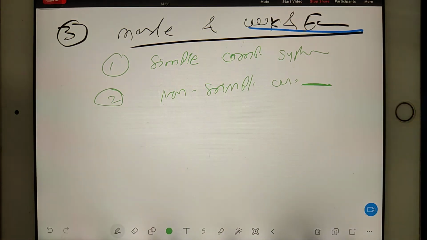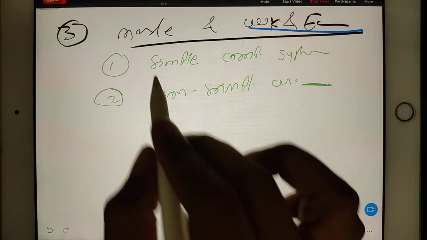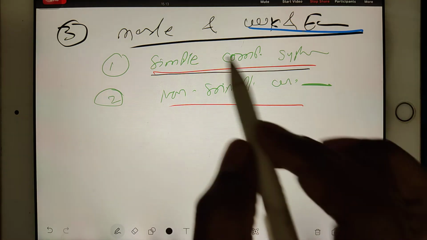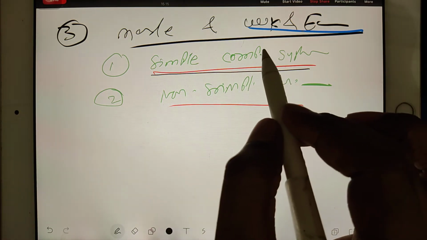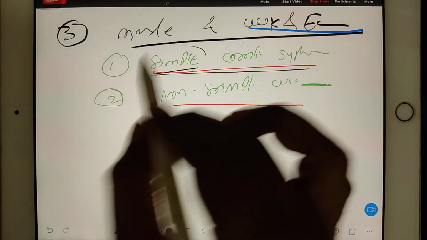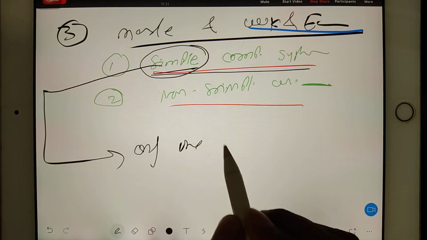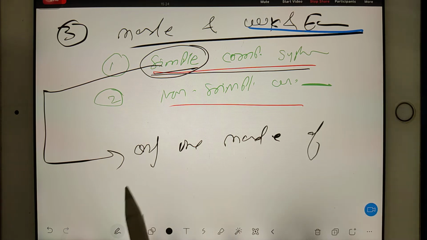Okay. Now we have to discuss these things. We are not going to waste time on the simple things. We are going to discuss mainly these two, because the remaining things you understand well, so we can save our time. Actually, in a simple compressible system, simple means only one mode of work transfer is allowed.